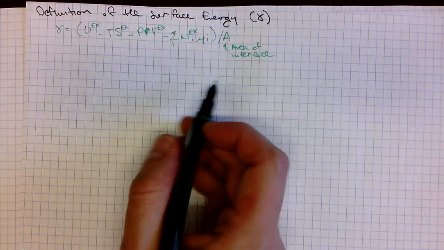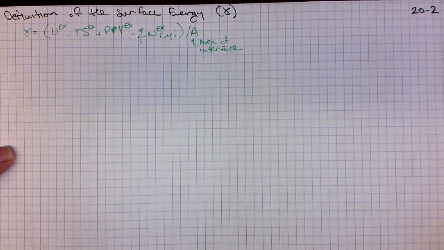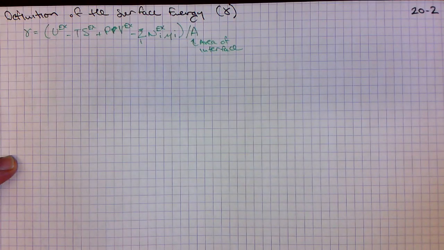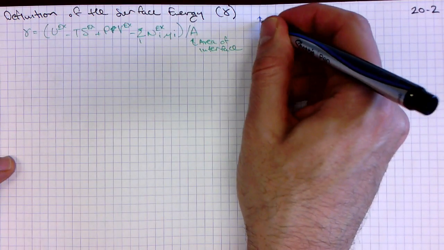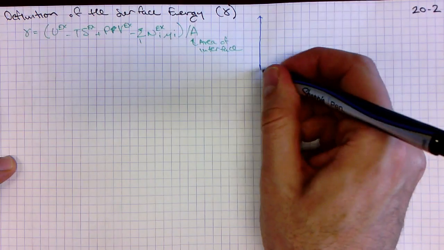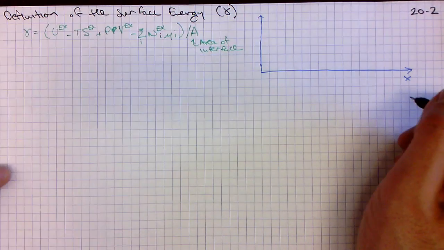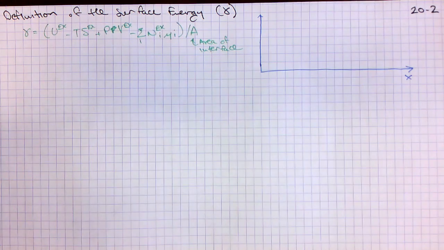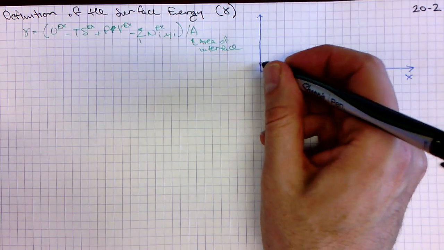So another way to think about the surface energy is to say that, let's say we were to look at the surface energy of the diffuse interface. So let's say we were to plot as a function of position the enthalpy per unit mole. So this green line will be the molar enthalpy.